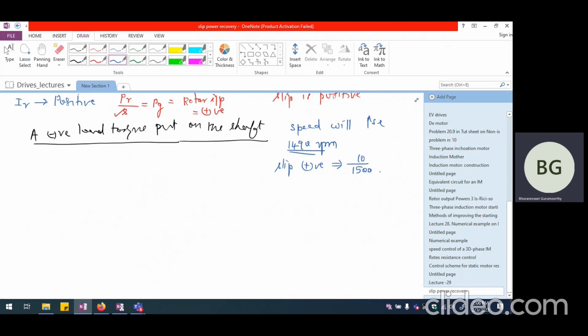So 1 divided by 150, that is going to be the slip, which is going to be 0.00667. So this multiplied by 230 volts is going to be the voltage, and the voltage S times V1 is going to be 1.53 volts, nothing more than that. Very small value of voltage.